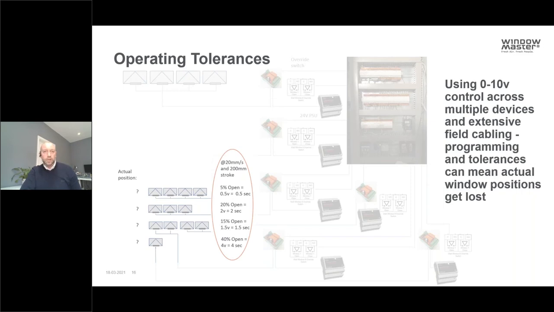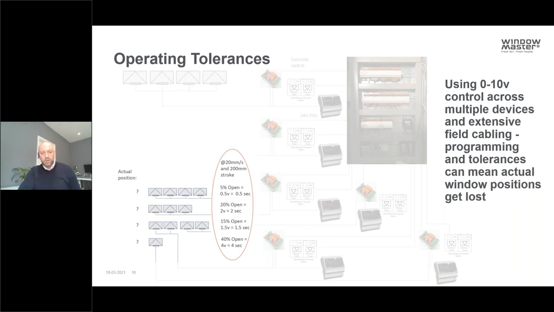It's fine for delivering a base level of automation, but when you're using lots of components, lots of cabling, and you're outputting 0 to 10 volt devices, which are then bouncing those onto power supply units, which are then bouncing them onto actuators across lots of field cabling, potentially you're looking at very short run times of half a second or a second at a time, and nobody can be really certain what position the windows have actually arrived at.